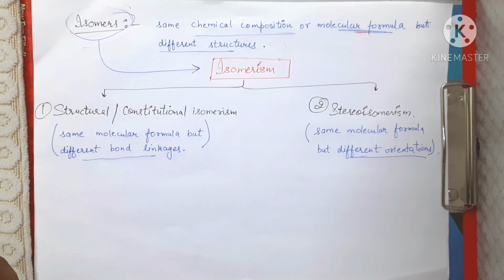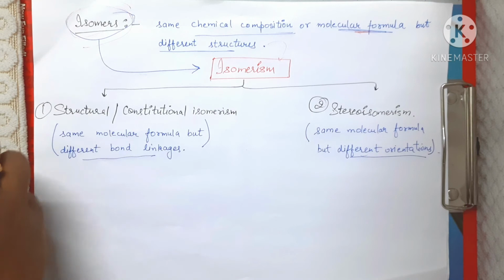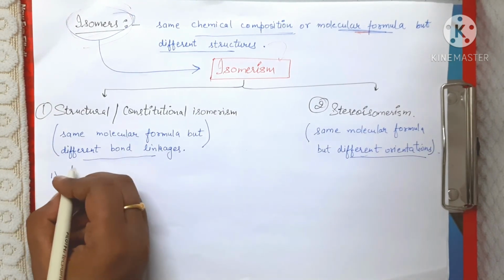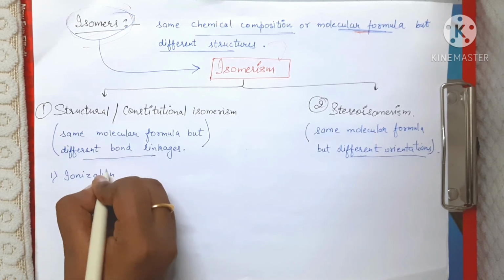Structural isomerism has some further types. First is ionization isomerism.